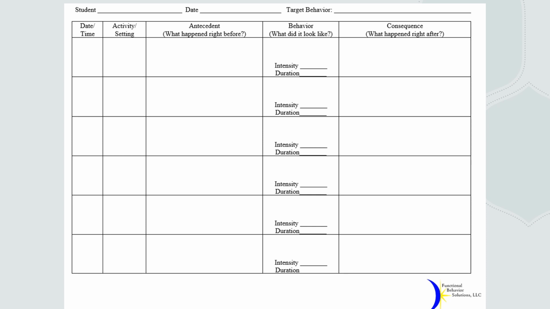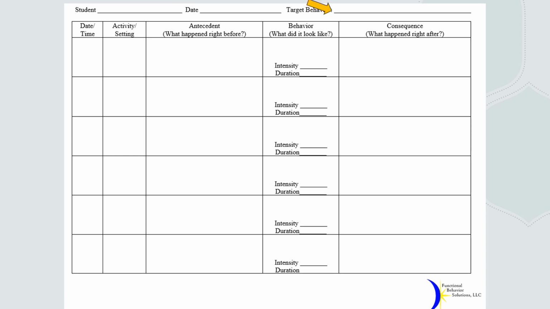Sometimes they can be more customized so that there's less writing necessary and you can just kind of circle things. But being able to have the student's name in place, the date, this can be a date range if this is a behavior that occurs so infrequently that you can cover a week or a month, or it could be just one day.